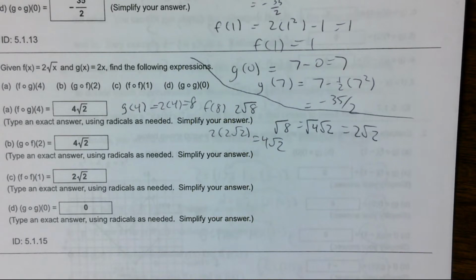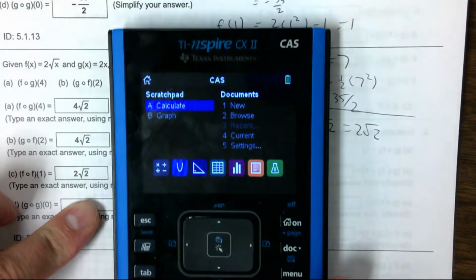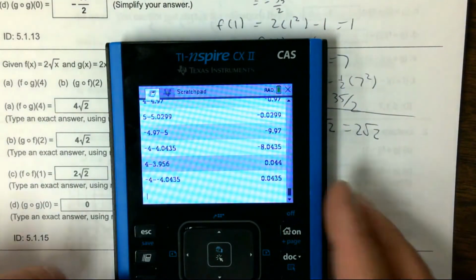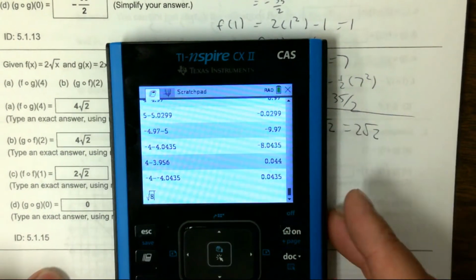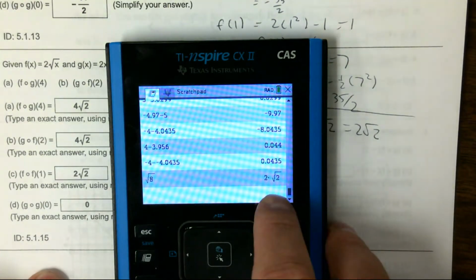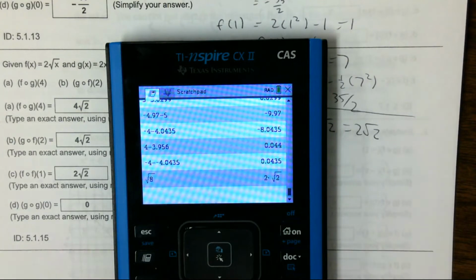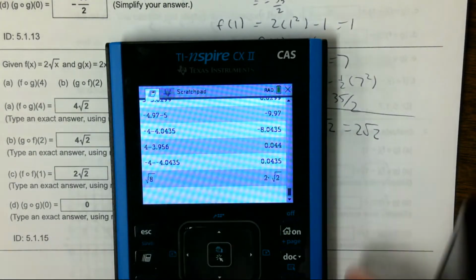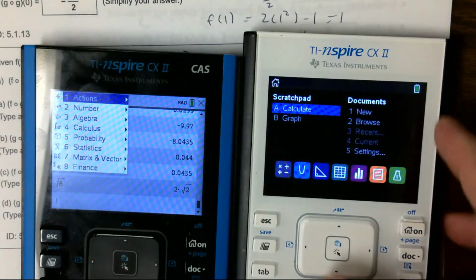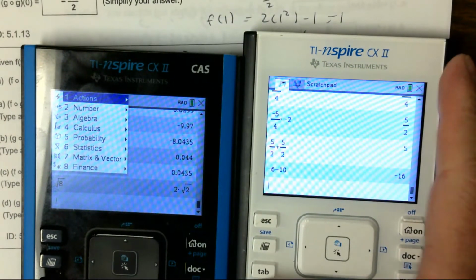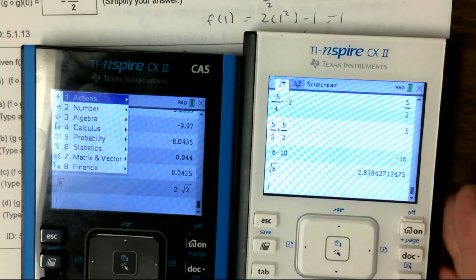there are calculators like this blue one where you can say square root of 8 and press enter, and it simplifies it for you. Now the blue and white ones don't do that. The blue and white ones do this. Well, this one's square root of 8, enter.